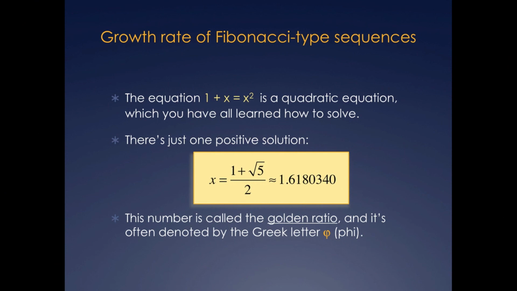And an awful lot has been written about this number, the golden ratio, some of it mathematical, some of it kind of fanciful, theories about how this number happens to come up in all sorts of areas such as architecture or music and so on. Some of it begins to get a little bit silly. But honestly, it is an important number, and in particular, it shows up when you're studying something like the Fibonacci sequence or related sequences.